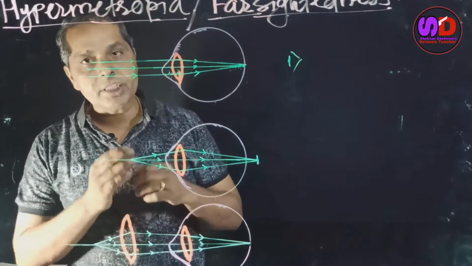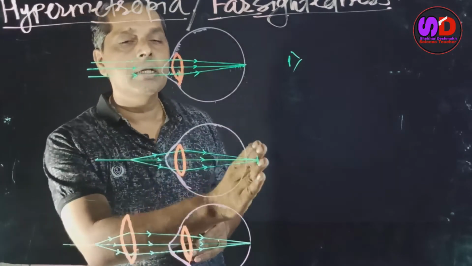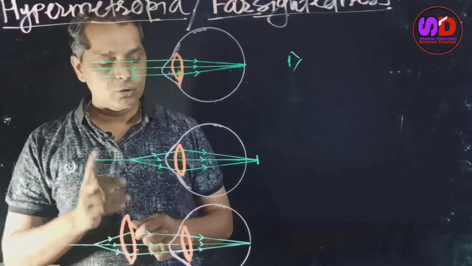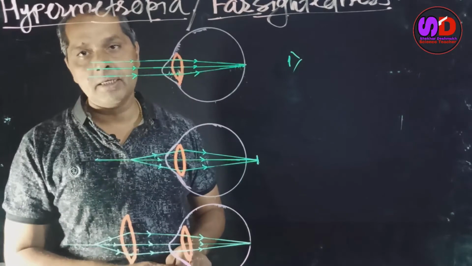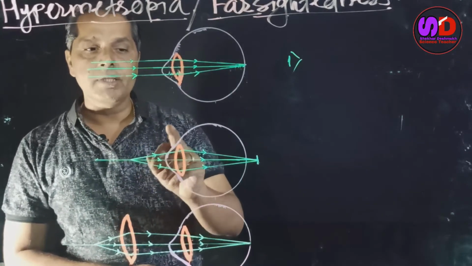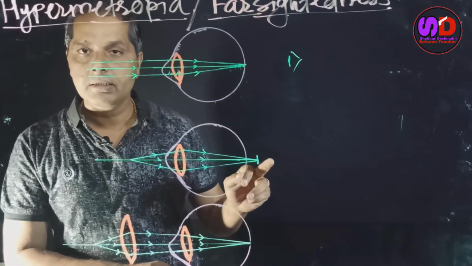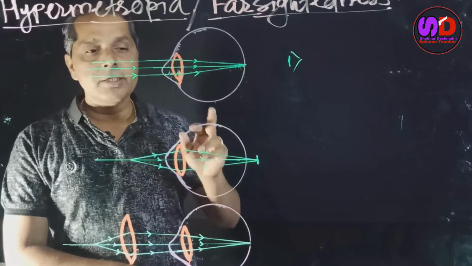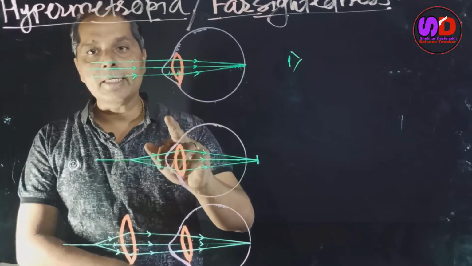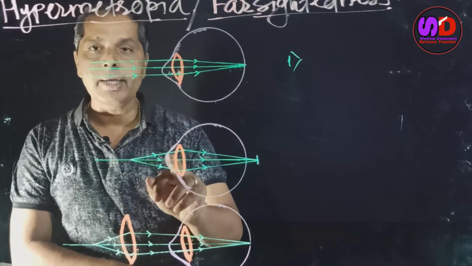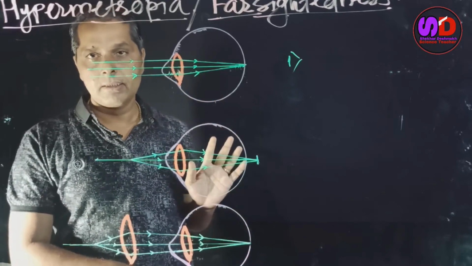So the converging power of the lens becomes less. So that is the first possible reason. Why does it become less? Due to the decrease in curvature of the cornea and eye lens.